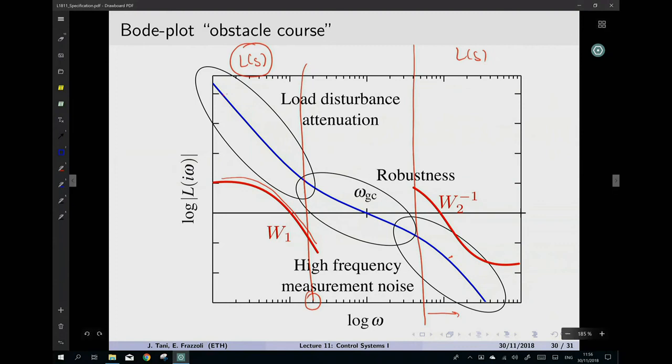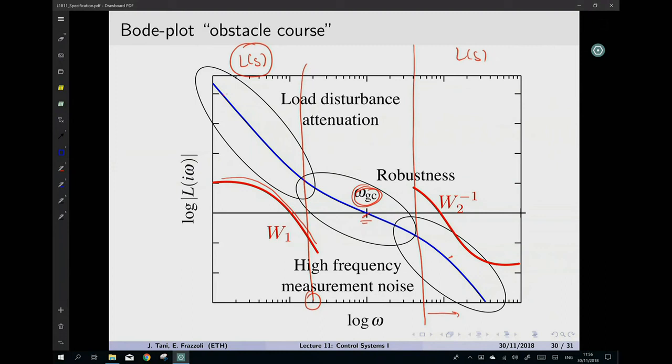In the middle, you want to choose your gain crossover frequency in a way such that, as we saw for the gain margins and the phase margins, this value, the value at which the open loop transfer function crosses the unity value, the 0 dBs, is related both to the ability of the system to track faster signals and to robustness.